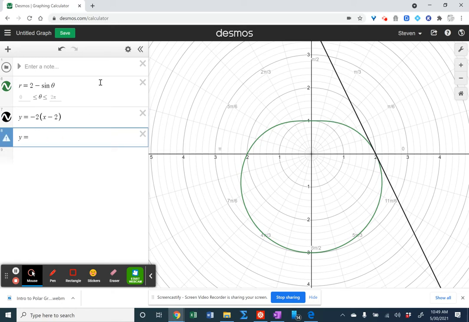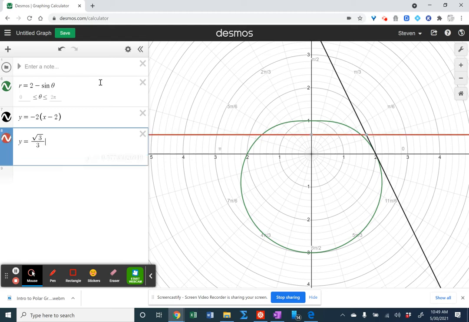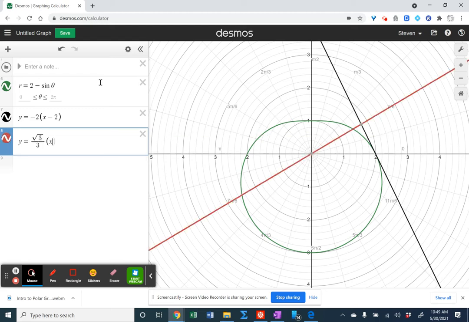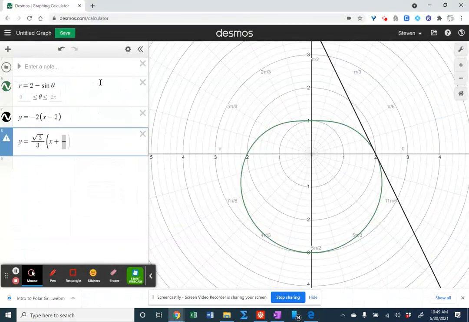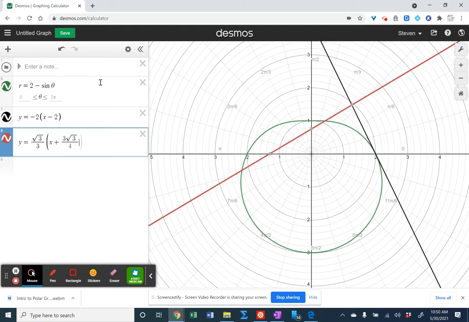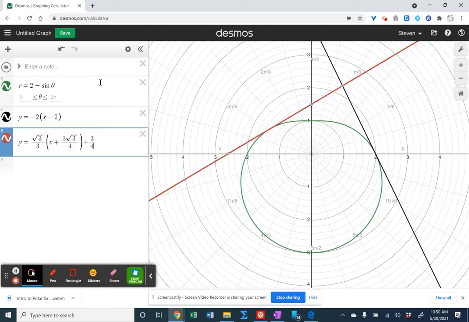Y equals √3/3 x plus, I'm going to go back and look here, 3√3/4 plus 3/4. You guys are probably thinking, why doesn't he just pause it and type it in himself? Because I'm stubborn. And there we go. Tangent right there at 5π/6, which is exactly what we're looking for.